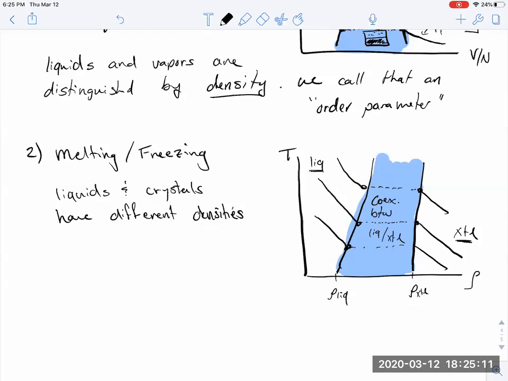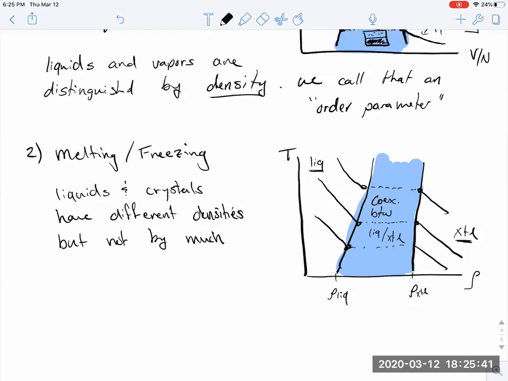But there's not often a big change, not like a liquid vaporizing or a gas condensing. And while a liquid always has a lower density than a vapor, the same is not true with liquids and crystals.